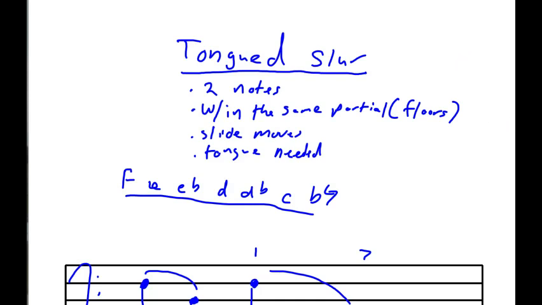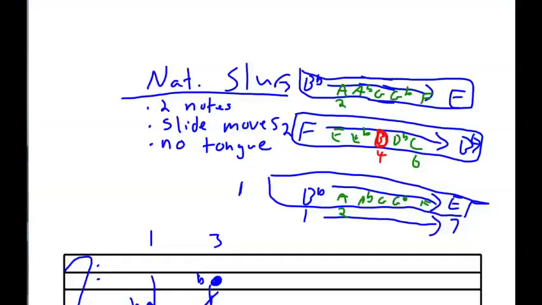One more quick thing about the natural slurs. Now this is not always correct, but in general, there are a couple of rules of thumb you can go by here.